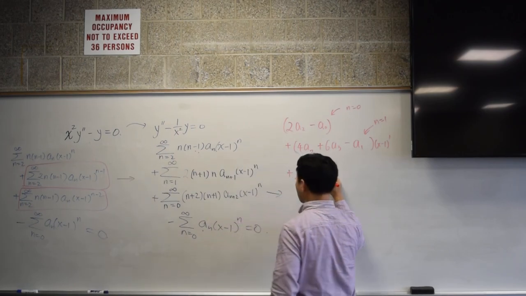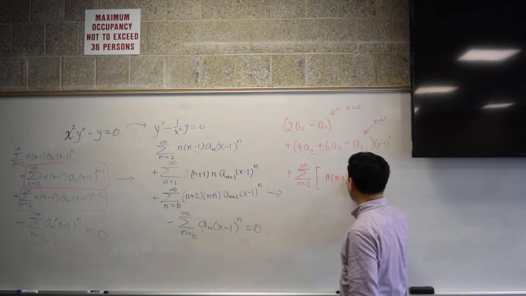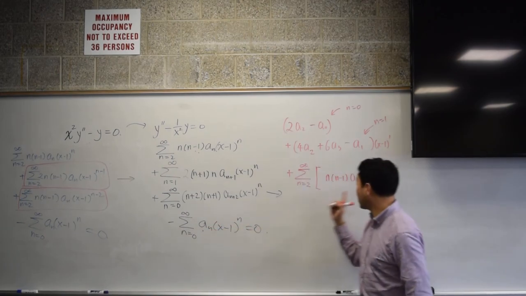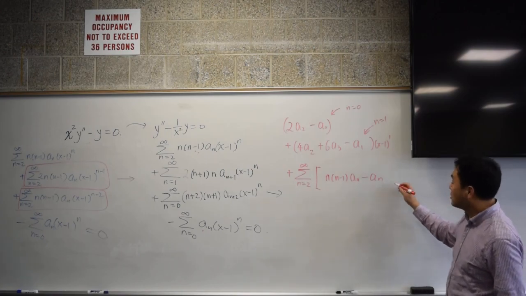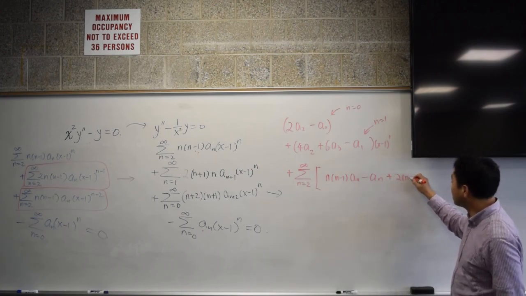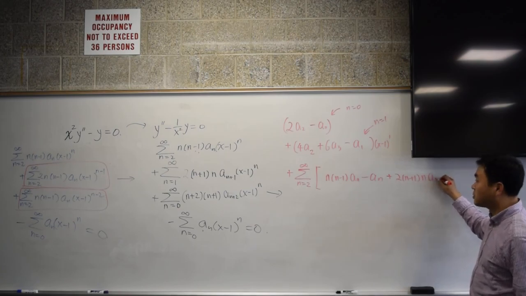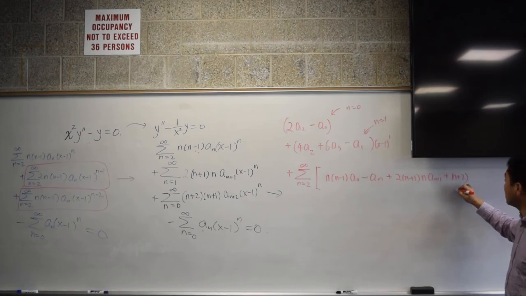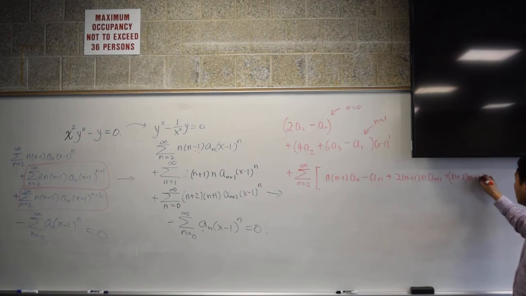It's a huge term: n minus 1, a_n, minus a_n. So I put this right afterwards because I want to put them together. And then plus 2 times (n plus 1) a_(n plus 1), plus (n plus 2)(n plus 1) a_(n plus 2), times x minus 1 to the n. That's what you get. So that's the summation. It's the big summation.